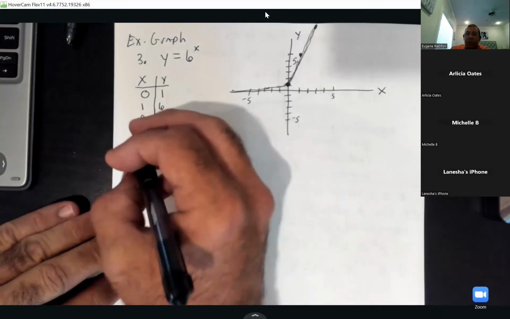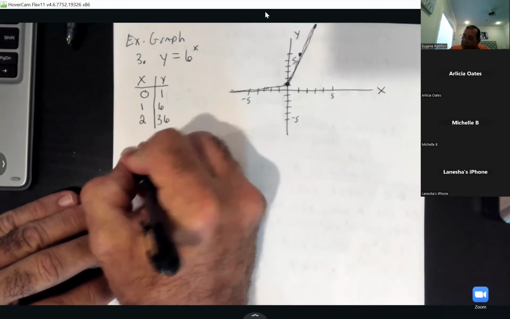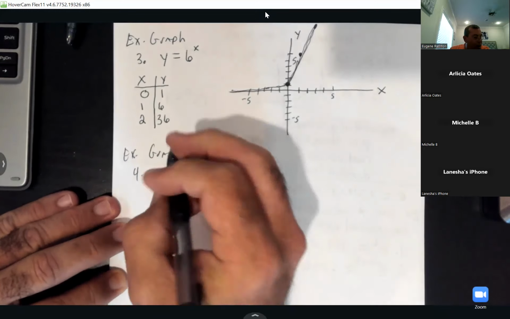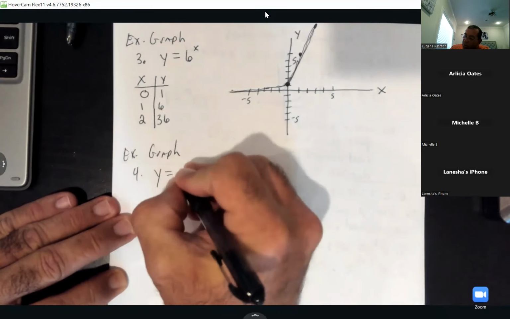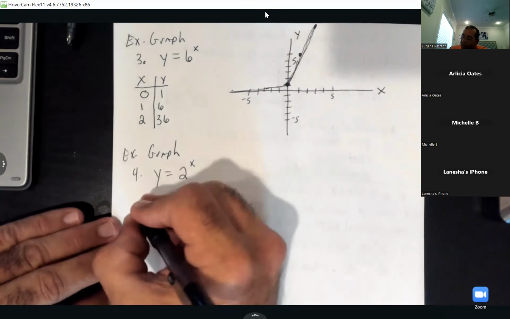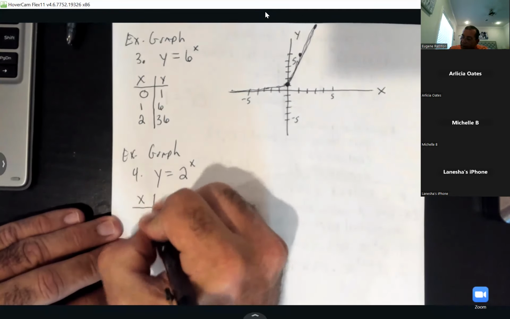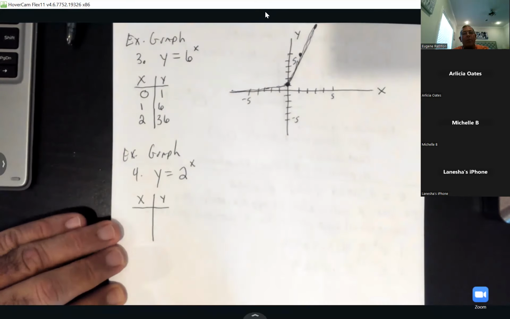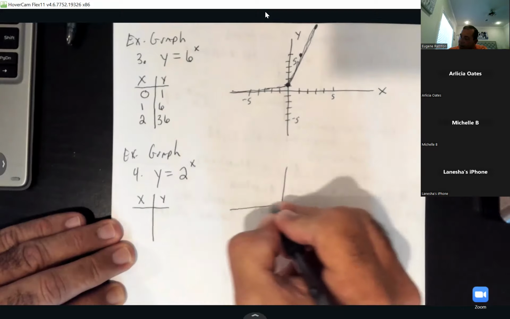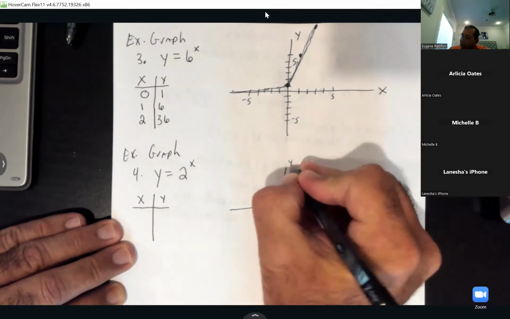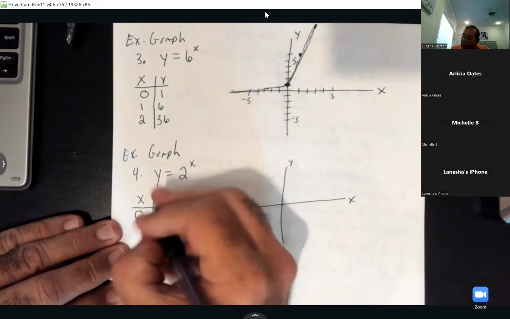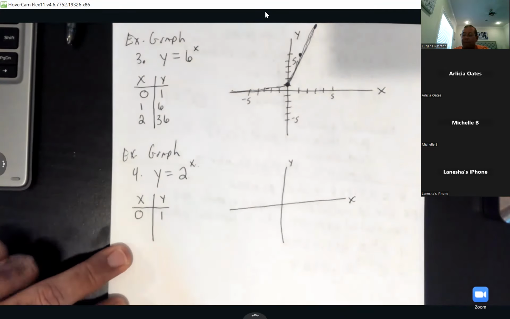All righty, try another one of those, y'all. Let's try our number 4 here. And it's just y equals 2 to the x. So y'all, it's going to be pretty much the same. I'm going to start with 0. If I put a 0 in there, 2 to the 0 is going to give you 1.